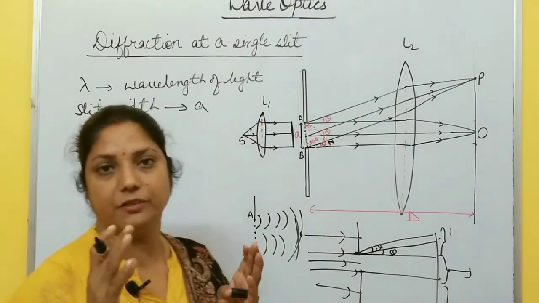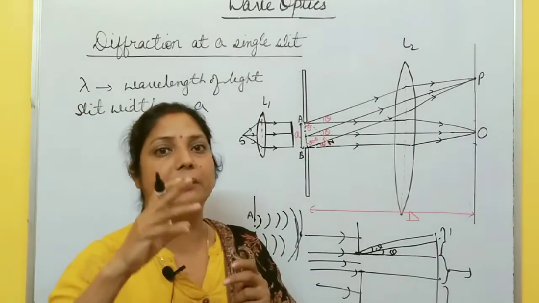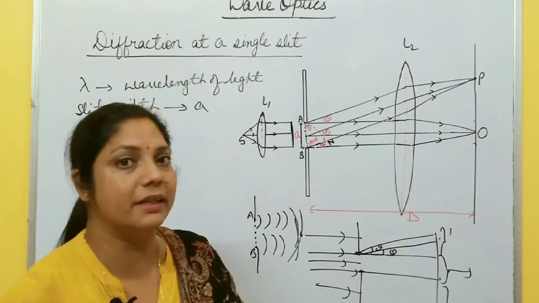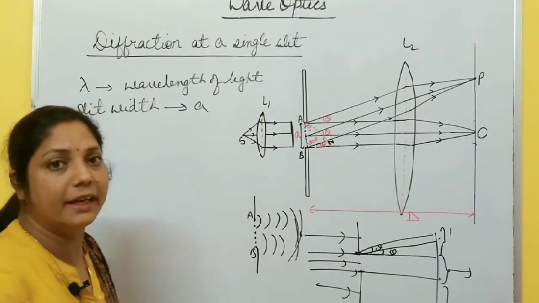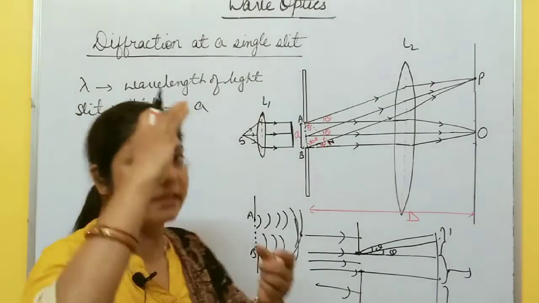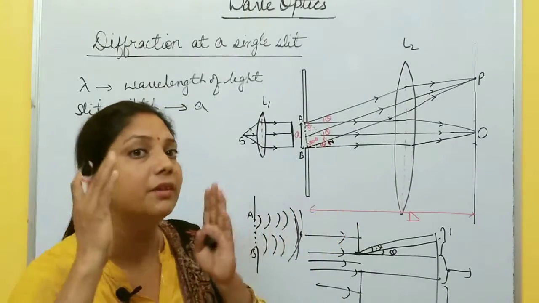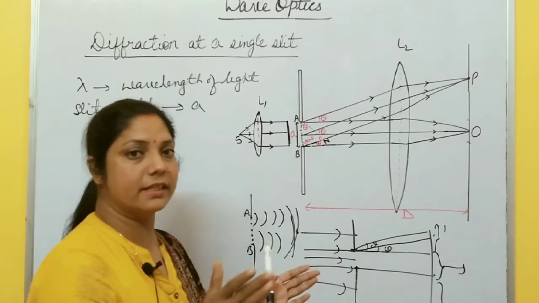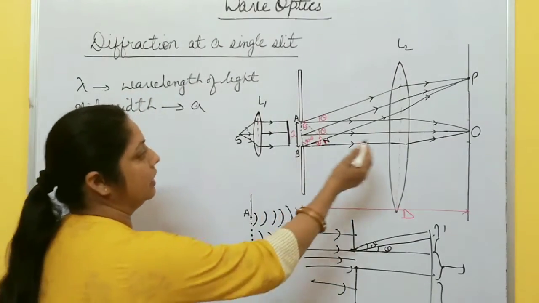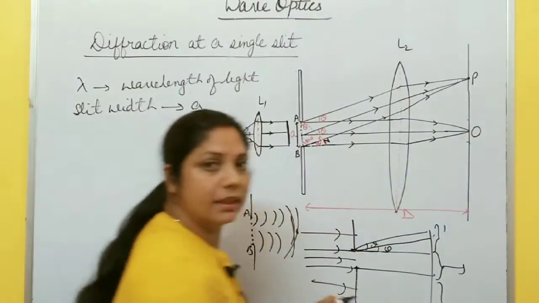In case of interference, all maxima are of the same intensity, but here we find that there is a central maxima and other secondary maxima whose intensity decreases as we move away from the center of the screen.